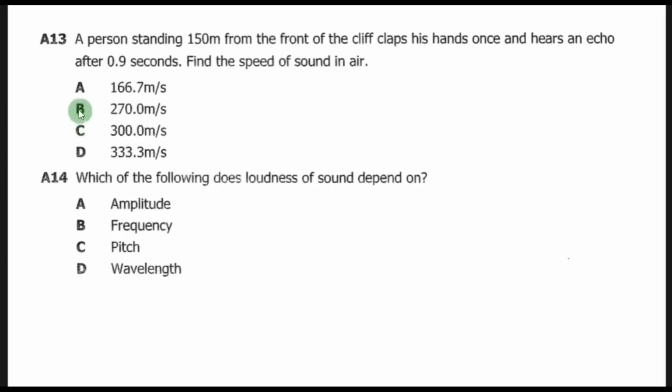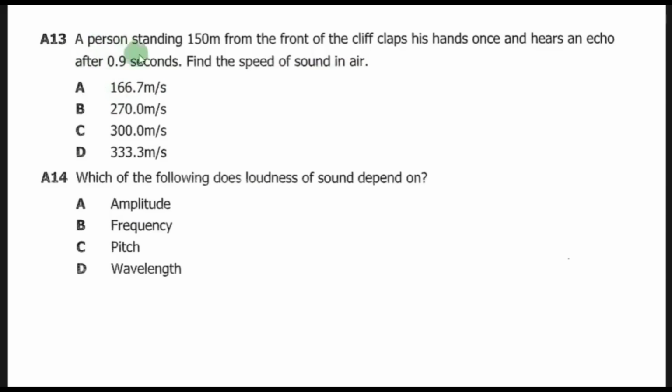A13 reads: a person standing 150 meters from the front of a cliff claps his hands once and hears an echo after 0.9 seconds. Find the speed of sound in air. Let me read the question once again.